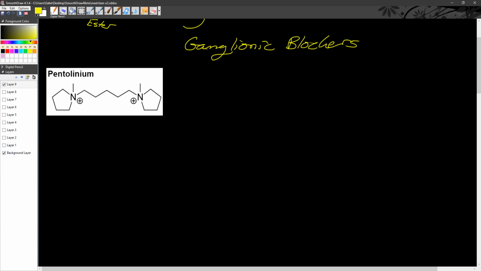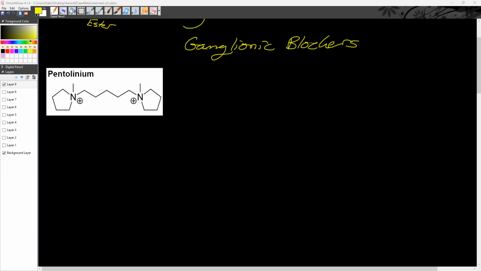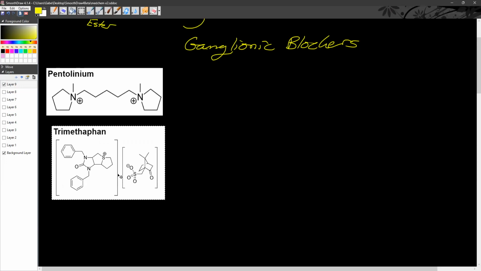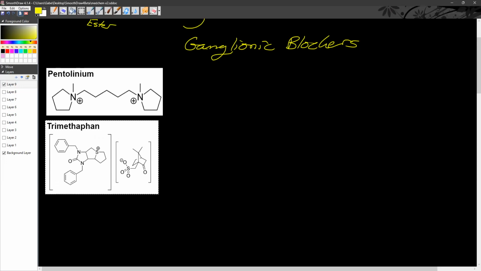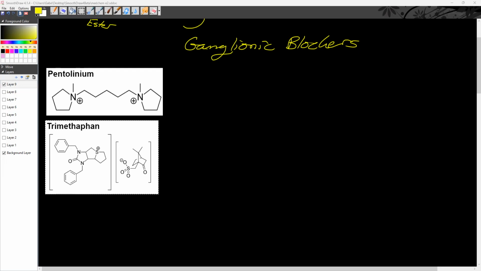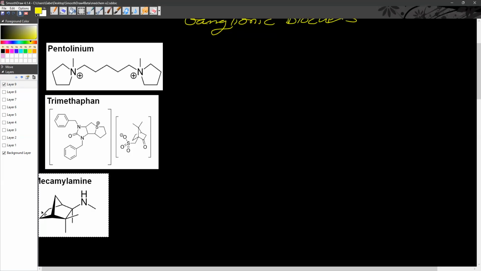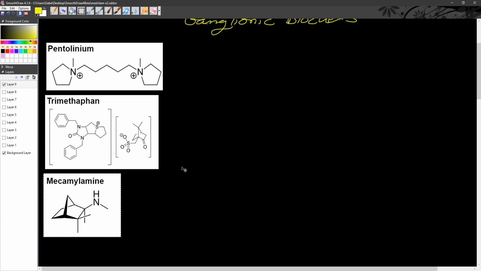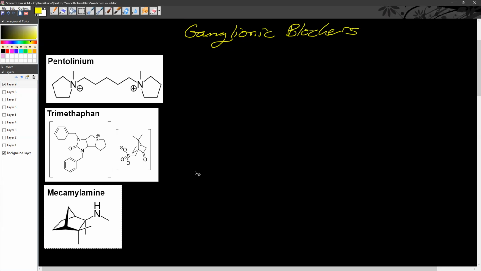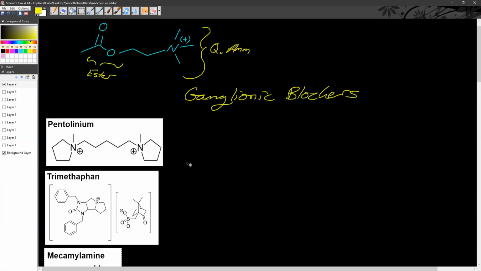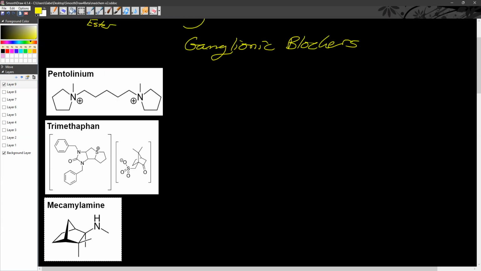If you look, the drugs pentylenium, trimethophan, and mecalamine all mimic the structure of acetylcholine, right? Specifically, they sit in the receptor and prevent the activation of the receptor.